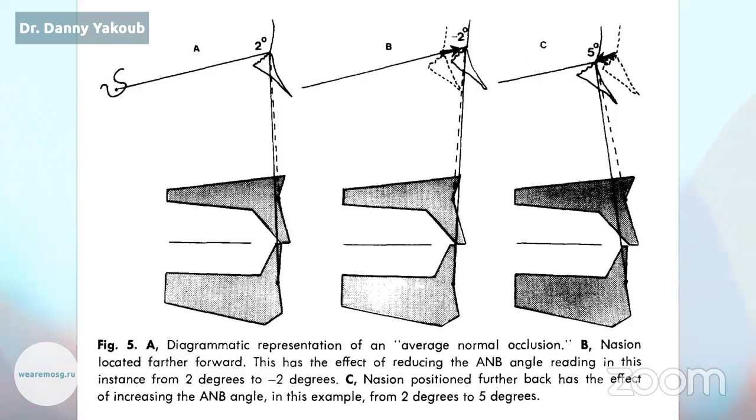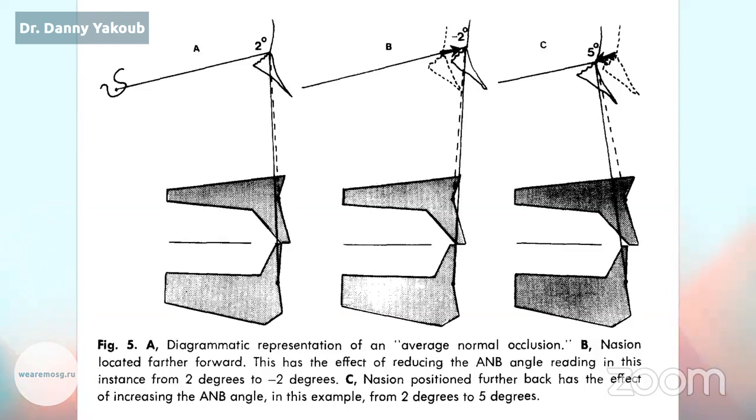But the patient has normal occlusion, a normal anteroposterior relation of the maxilla to the mandible. The same thing happens when the N point moves posteriorly. The ANB angle will increase, showing you a class 2 skeletal relationship, but the occlusion is not a class 2 relationship.